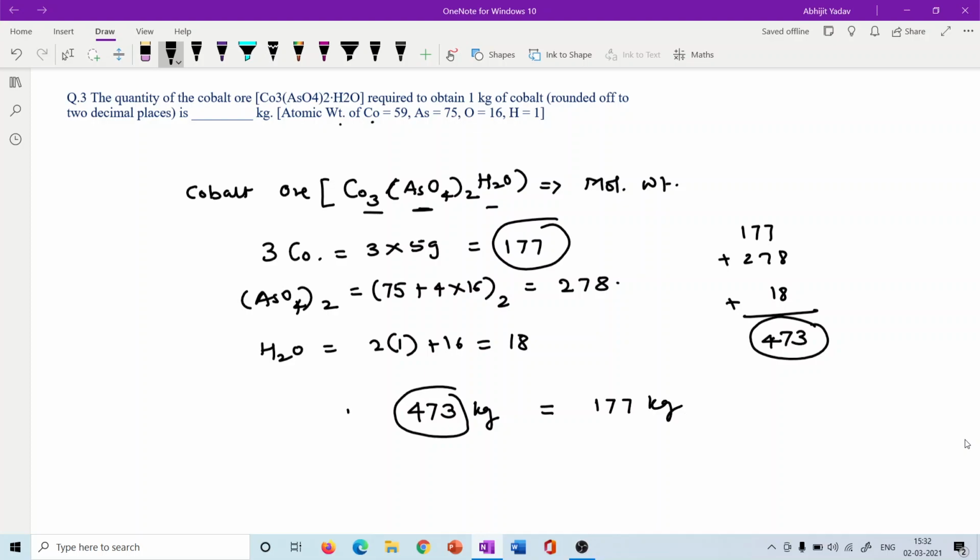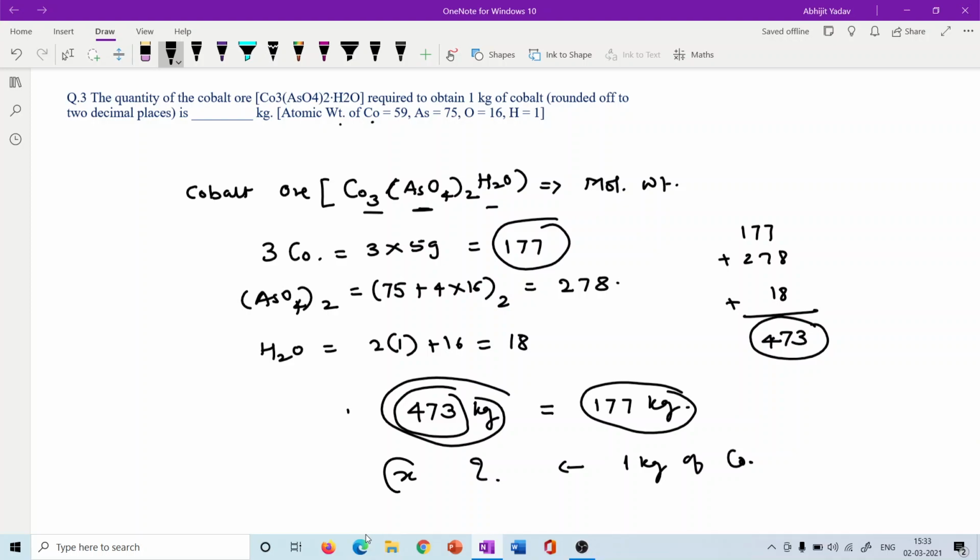So in 473 kg of cobalt ore, this much cobalt is present. So definitely what I can say is, 1 kg of cobalt can be extracted from how much cobalt ore?